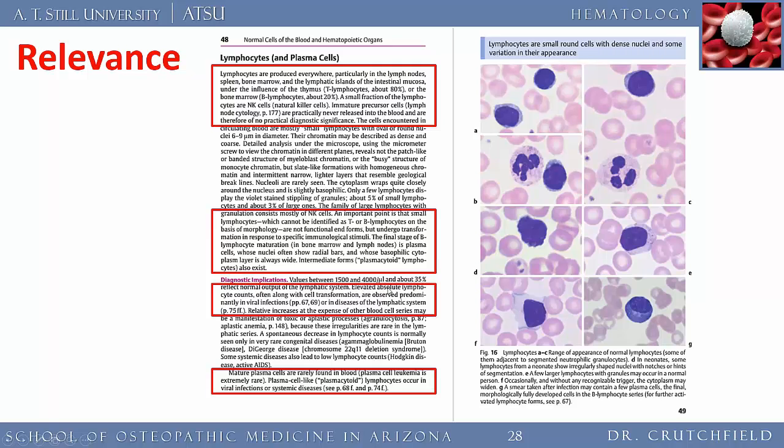Because an elevated absolute lymphocyte count, often along with cell transformation, is observed predominantly in a viral infection or disease of the lymphatic system, like lymphoma or leukemia.